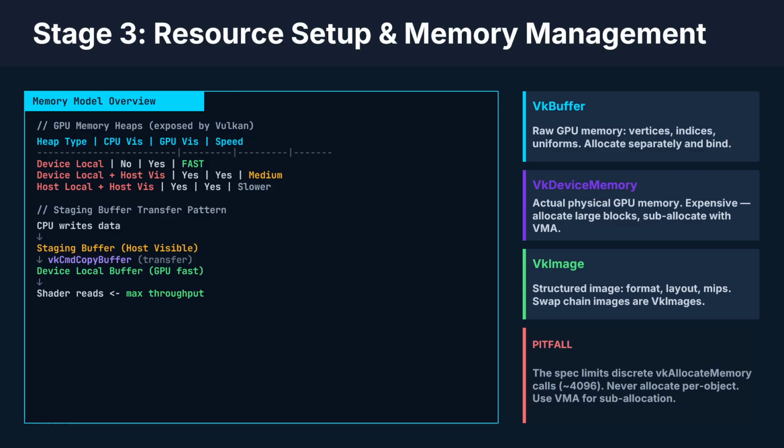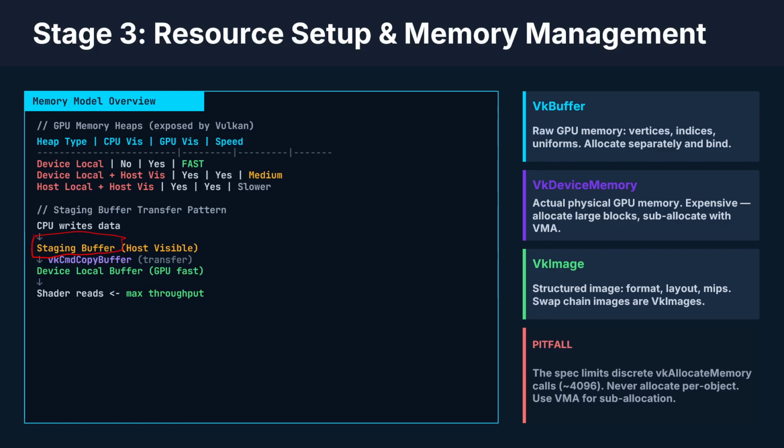So you have some memory which is CPU visible. Why CPU visible? Because the data is coming from some sensor. It first comes to your local memory, and the CPU needs to see that. Then this memory needs to be transferred into the GPU, which is a device local buffer. So we use something called a staging buffer. What the staging buffer does is it copies your buffer from your local CPU memory to the GPU.